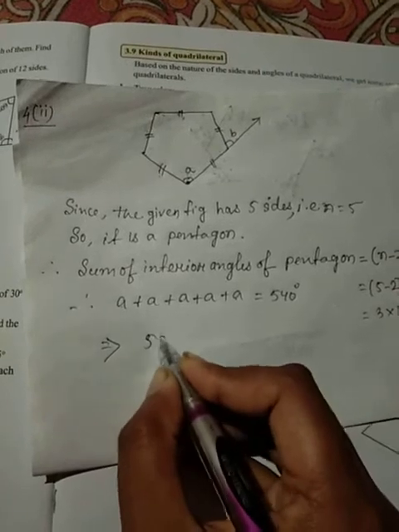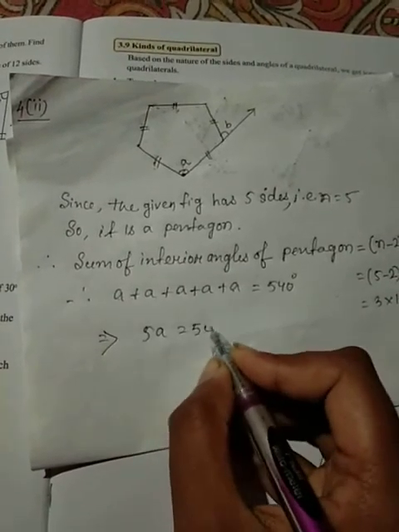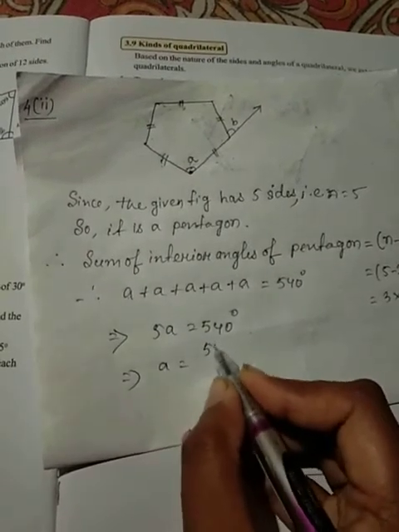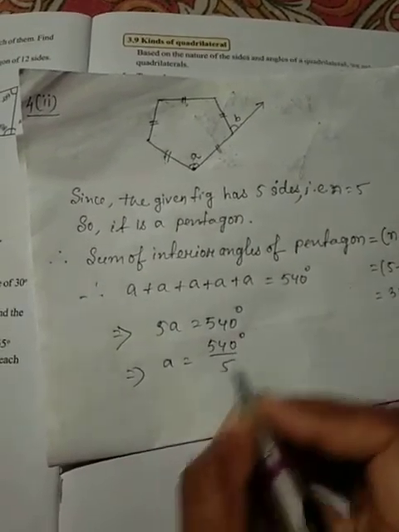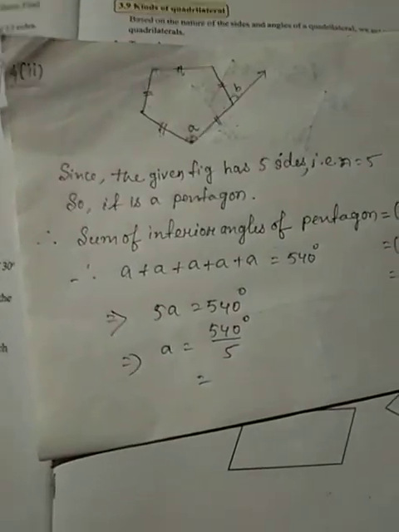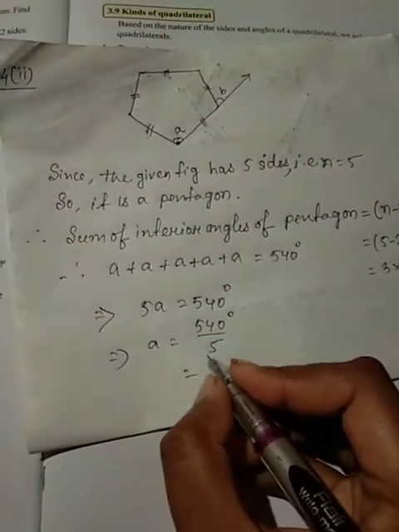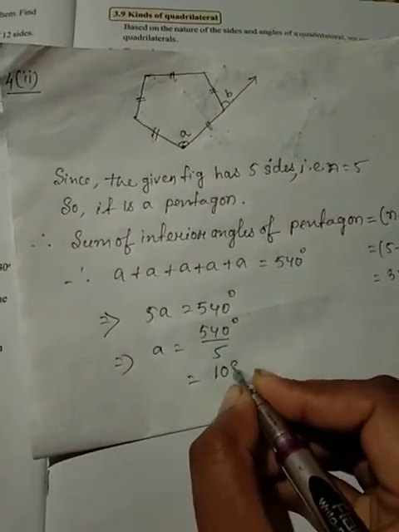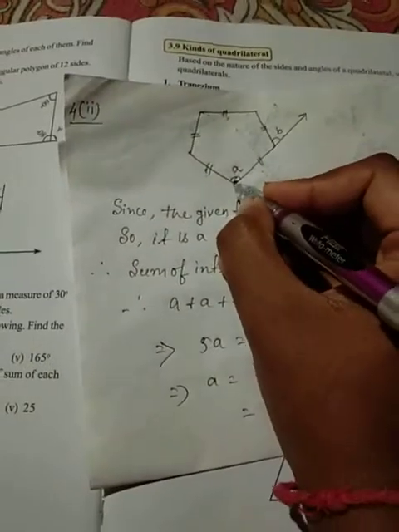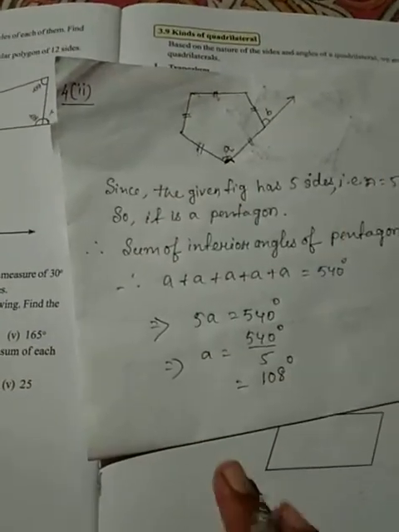Implies 5A equal to 540, implies A equal to 540 degree by 5. The value of A equal to 540 by 5 equal to 108 degree. That means the value of A is 108 degree.